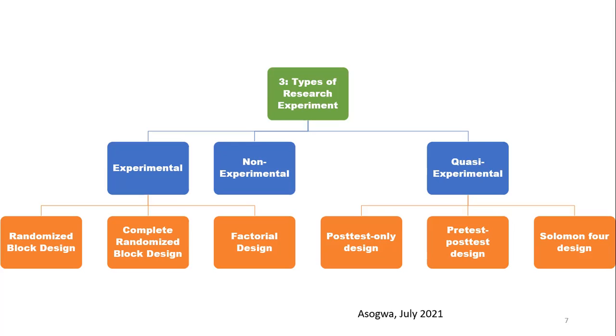It does not have total control of the variable and does not have total control of the environment, though there may be a randomized group. So that's why we say quasi is semi-experimental. It is not purely experimental. It's partially experimental. And in that case, we have some designs.